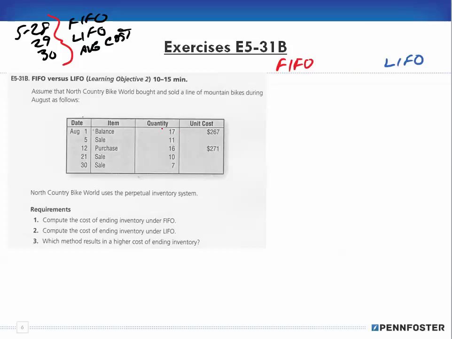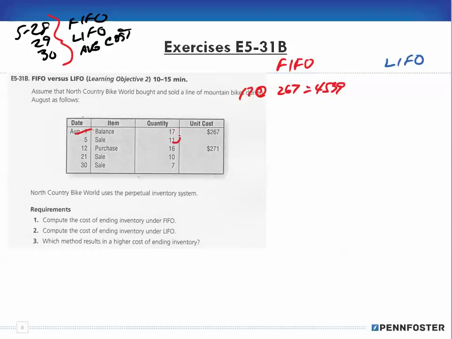So, from August 1st here, I have 17 at 267, which is 17 times 267, equal to 4,539.